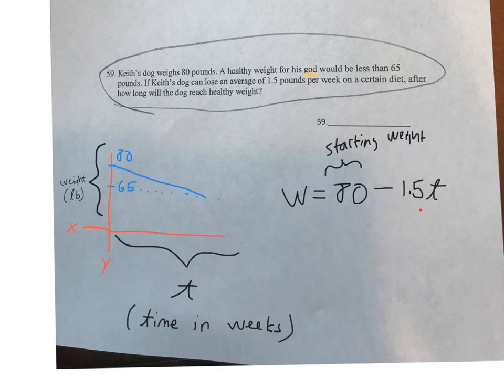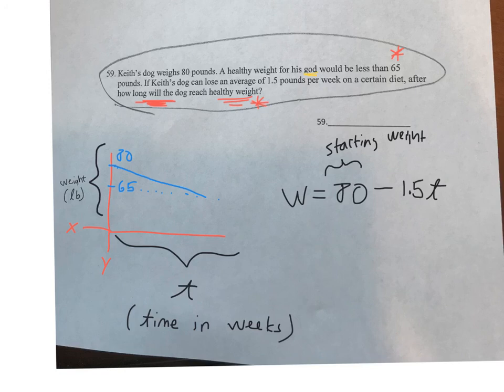So why did I do that? Why did I set up an equation? Well, I set up an equation because it will be easy now for me to find out how long it will take for the dog to reach a healthy weight, aka 65 pounds or less, right? 65 pounds or less.